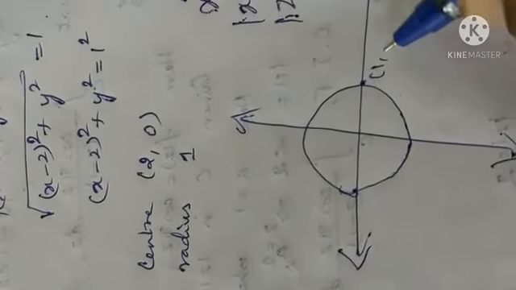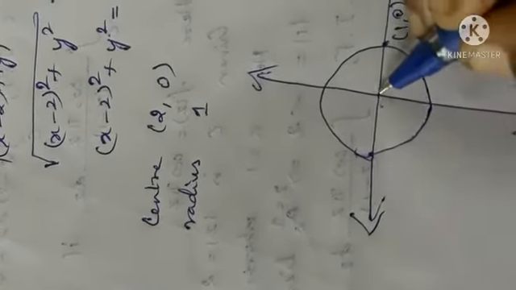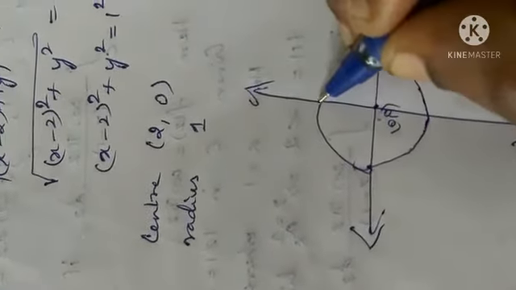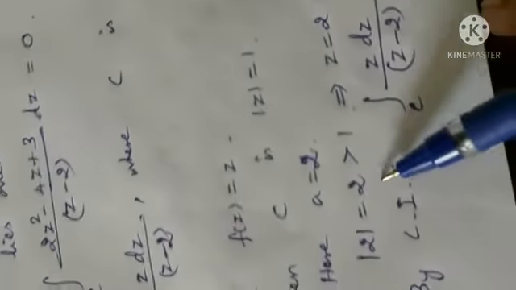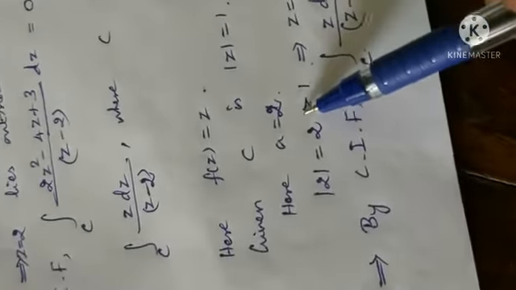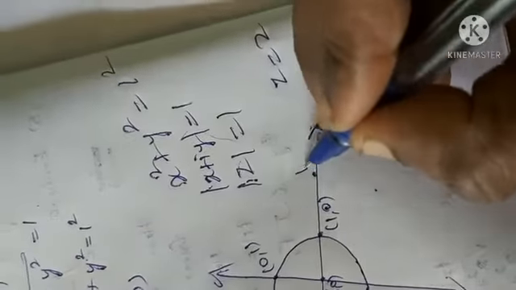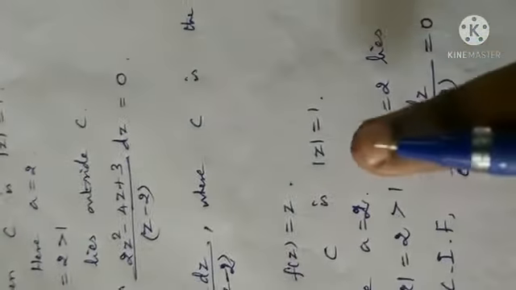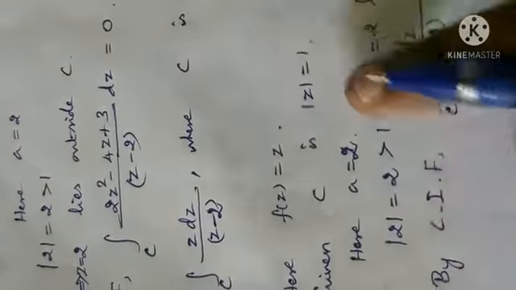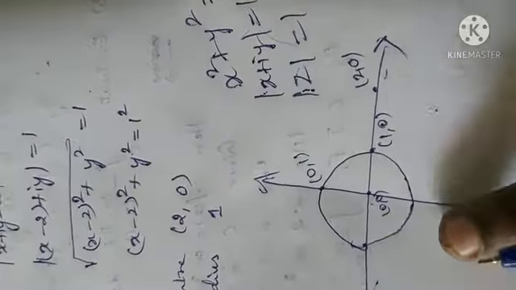You have to test whether this z equal to 2, that is, a is 2, lies inside or outside. Z equal to 2 means 2, 0. 2, 0 lies outside the circle. Hence, the value of the integral is 0. So, you can use this method directly substituting in C, finding the answer, or you can use this diagram method. Your choice, okay?